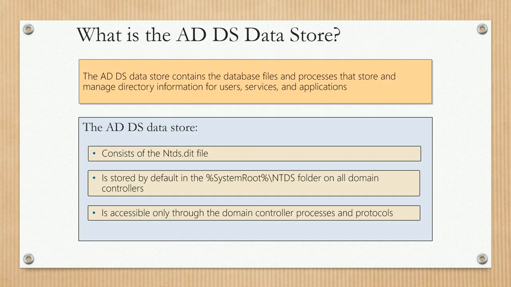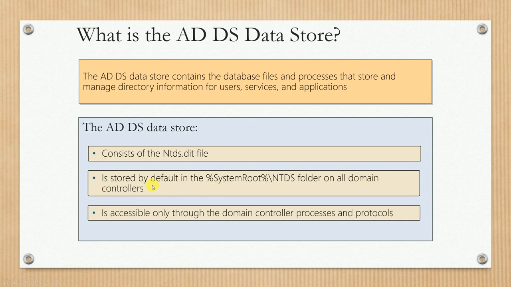Now, let's see what the ADDS data store is and what type of data it stores. The ADDS data store contains database files and processes that store and manage the directory information for users, services, and applications. The ADDS stored data consists of the ntds.dit file, and it is stored by default in the system root directory, in a folder called ntds, on all domain controllers.